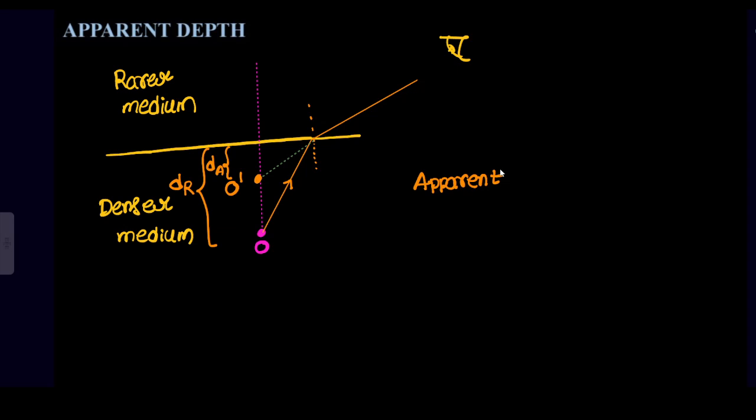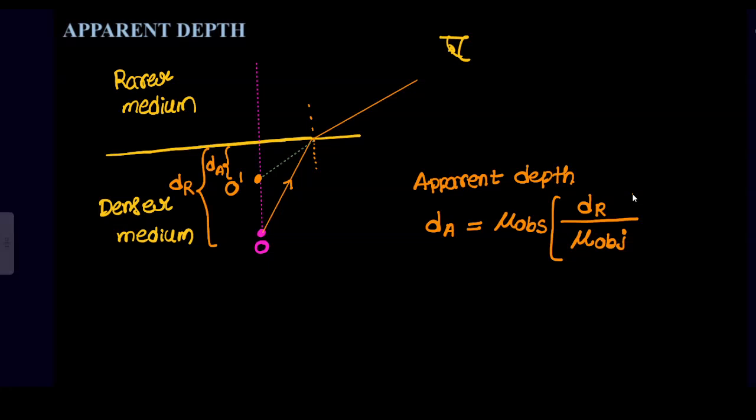But if the object is in one medium and the observer is in another, then we have a problem. The apparent depth is given as mu of observer, the refractive index of the observer, into real depth, divided by the refractive index of the object.